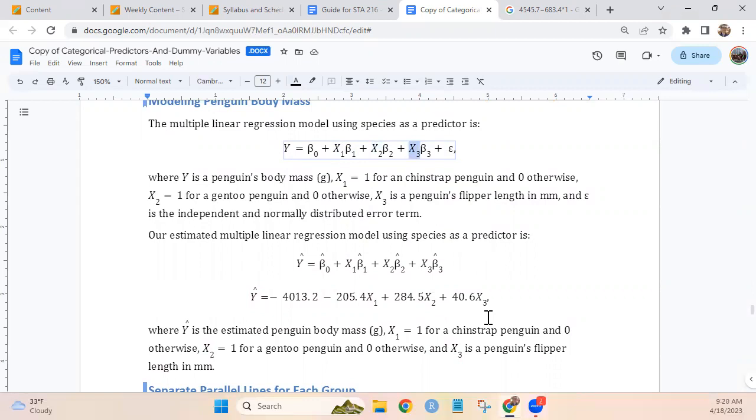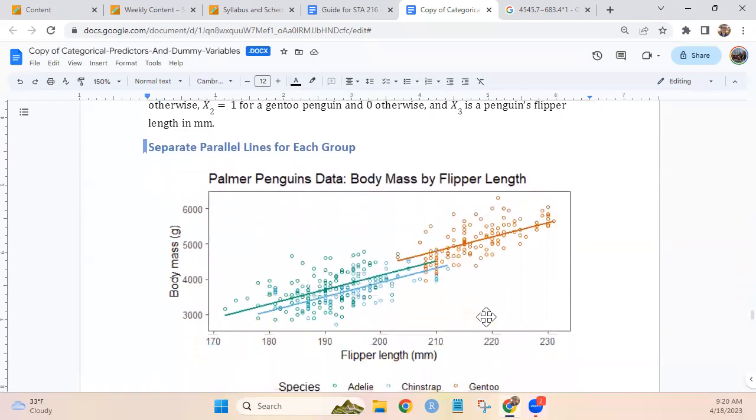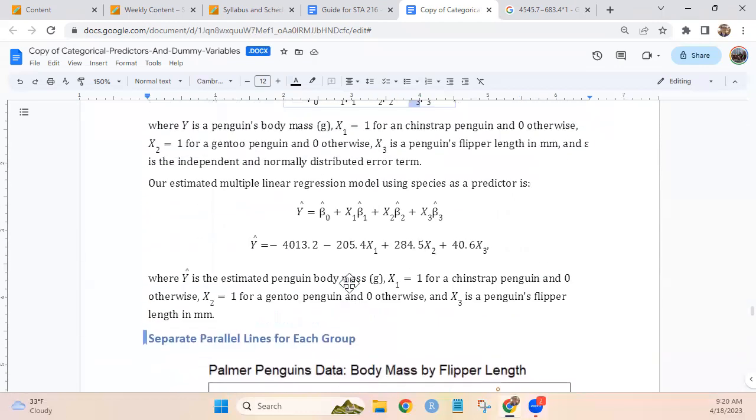We can have all of that in the model now to predict body mass. And so when we look at that here, again, you end up constraining the lines to be parallel within each group, and it implies essentially a separate linear regression line for each group. That's what this model corresponds to.